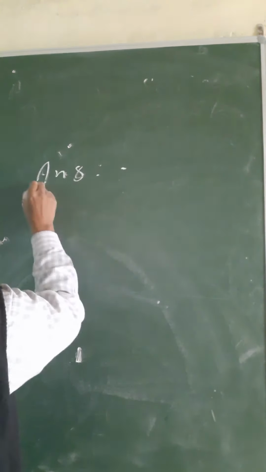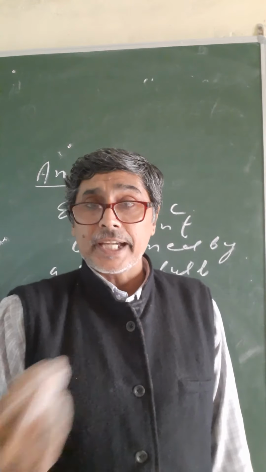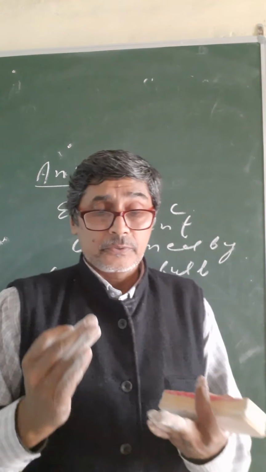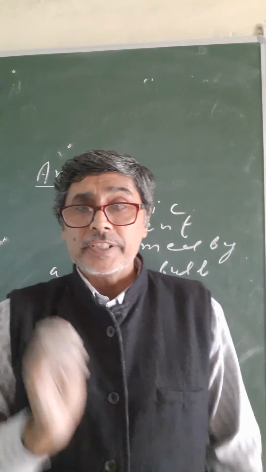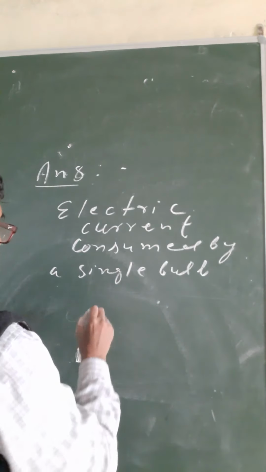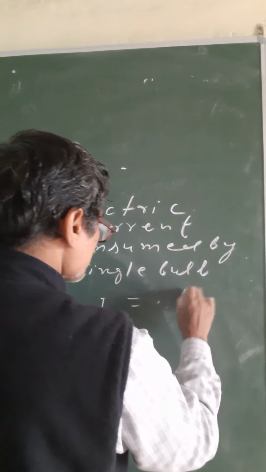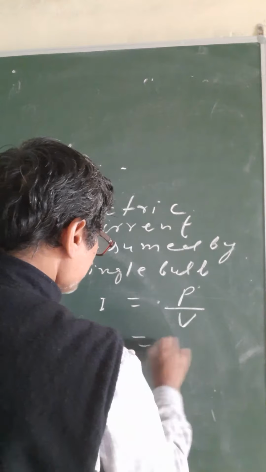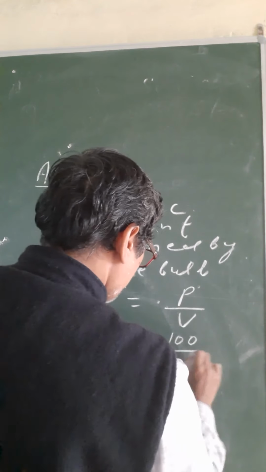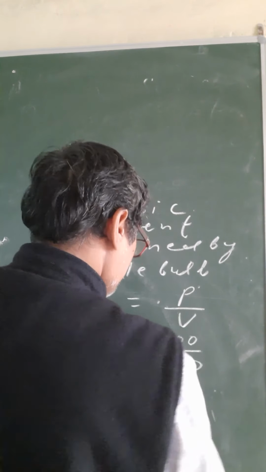Power is given, P is equal to VI. Using the formula P is equal to VI, I is equal to P by V. Power is given 100 watt and voltage is 220.